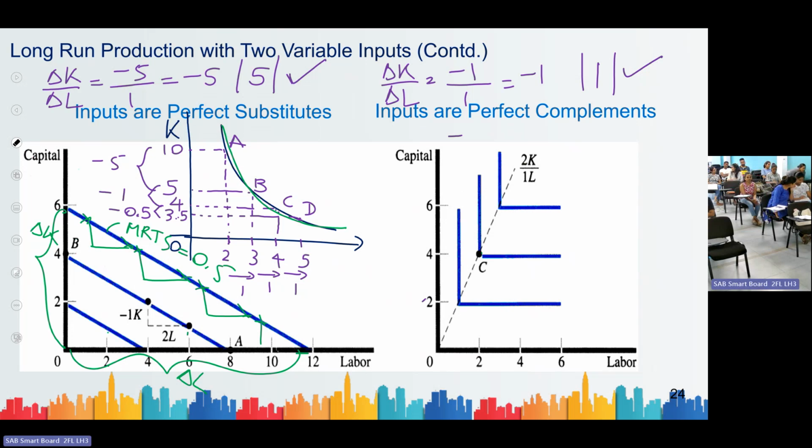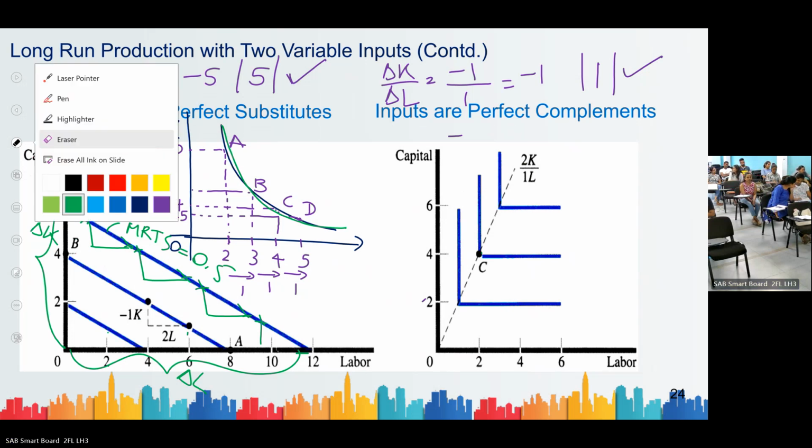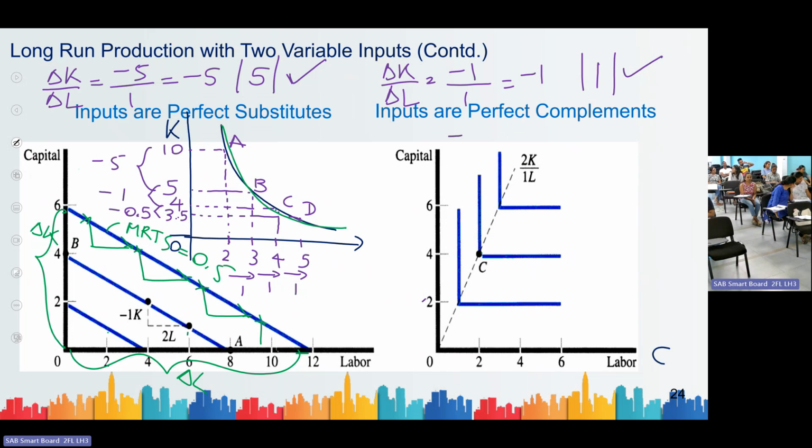Let's say this is chemical A, this is chemical B. To produce 1 unit of tablet, the firm should utilize 1 unit of A and 2 units of B. The ratio is 2 to 1.